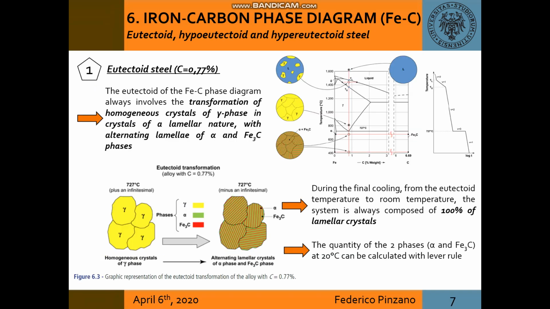These transformations involve the transformation of homogeneous crystals of gamma phase in crystals of a lamellar nature, with alternating lamella of alpha and iron carbide phases. At room temperature, the system is totally composed of lamellar crystals, and the two phases can be calculated with the lever rule.